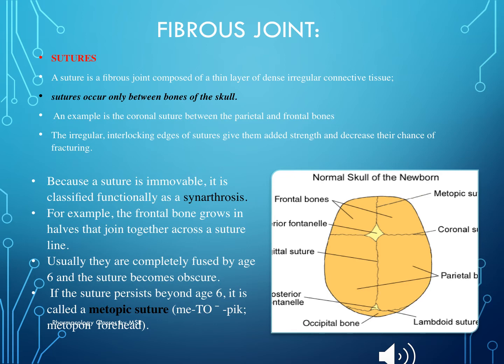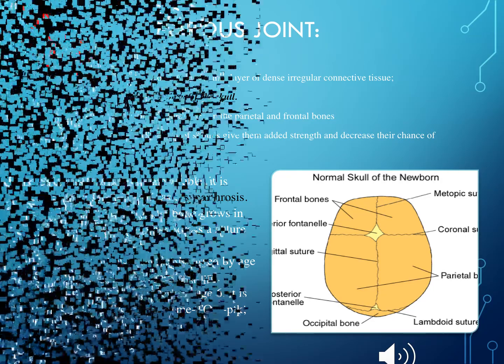The frontal bone is bound together by a suture line which usually gets completely fused by the age of 6. If the suture persists after the age of 6, we call it a metopic suture. All the sutures are synarthrosis, immovable joints. They can't move.